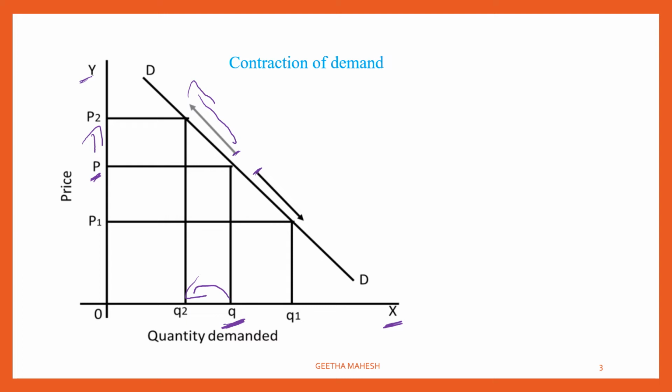If price decreases from P to P1, the quantity demanded will increase. Then we move downwards along the demand curve. This movement we call extension of demand. So, movement along the demand curve refers to extension or contraction of demand.